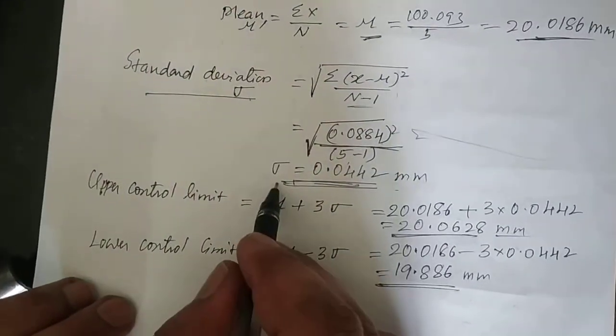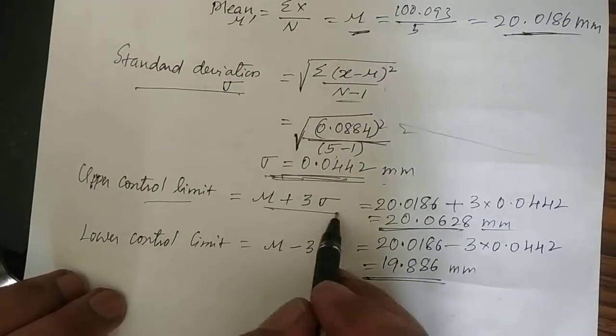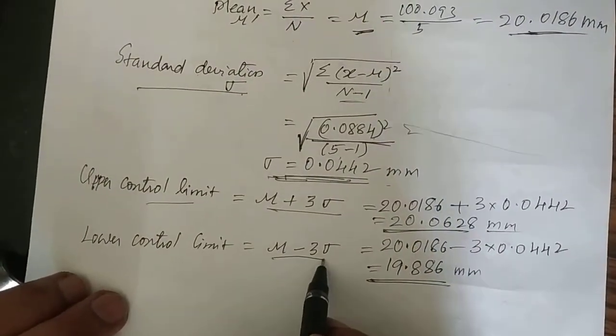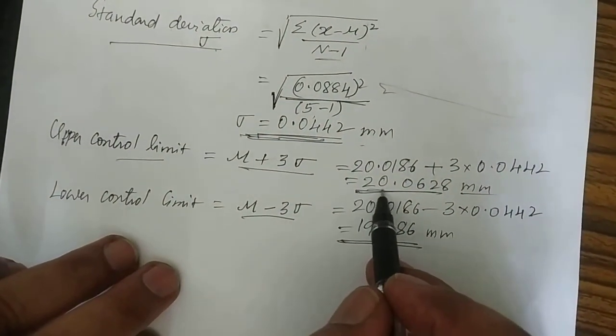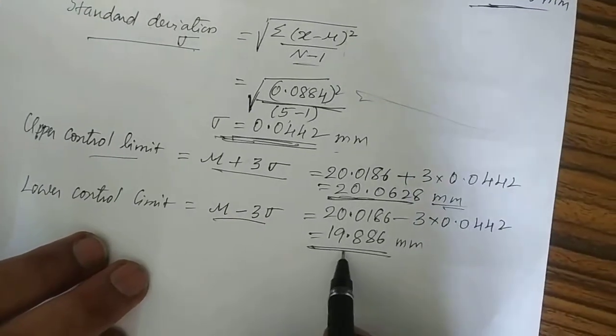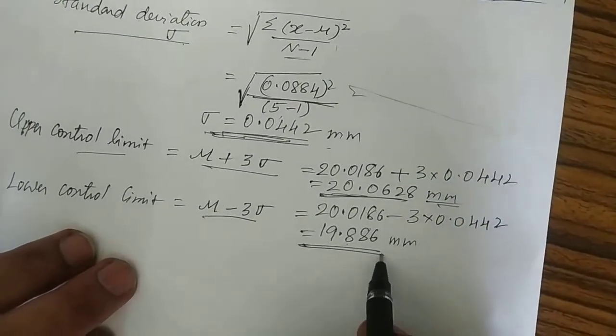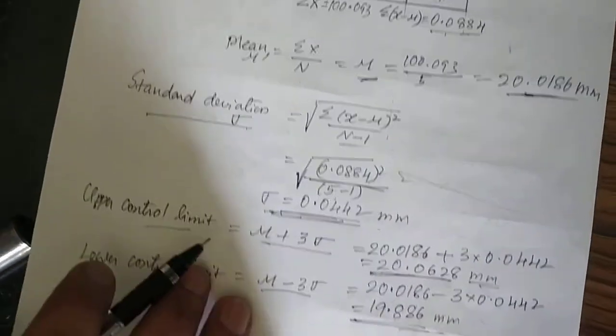After getting sigma, we have to get the upper control limit, mu plus 3 sigma, and the lower control limit, mu minus 3 sigma. In the substitution, we have got the upper control limit as 20.0628 mm and the lower control limit as 19.886 mm.